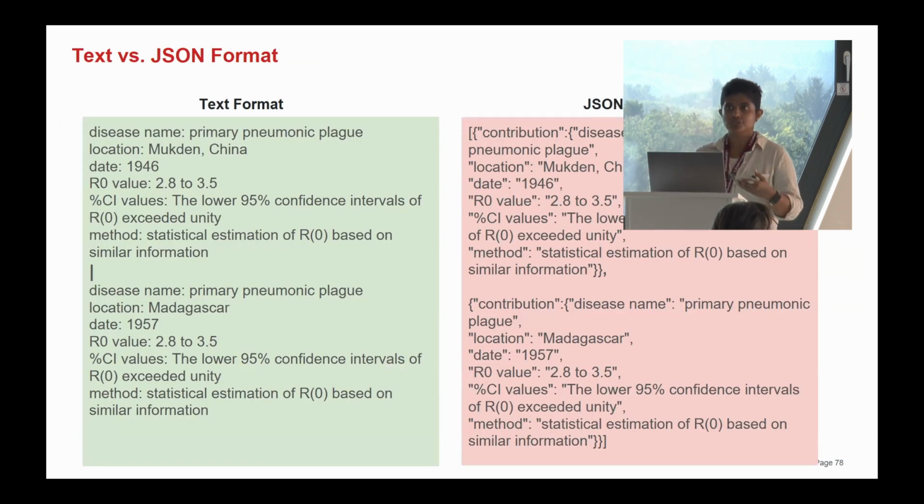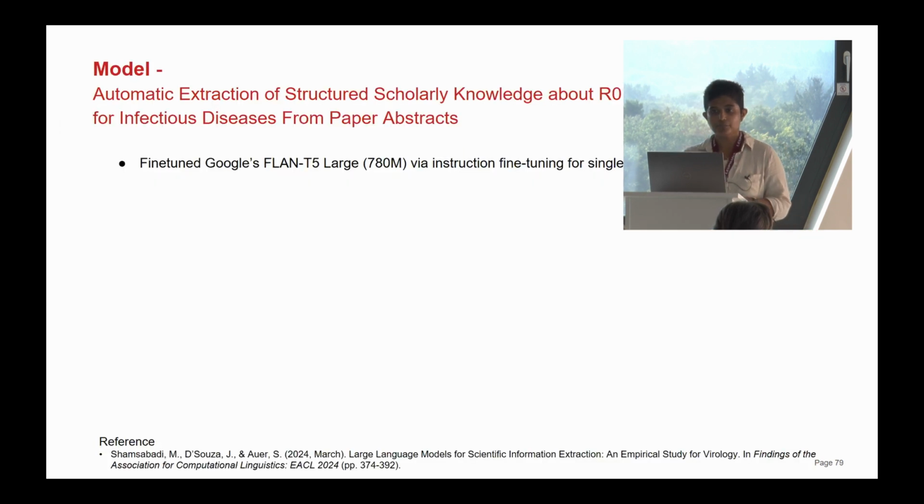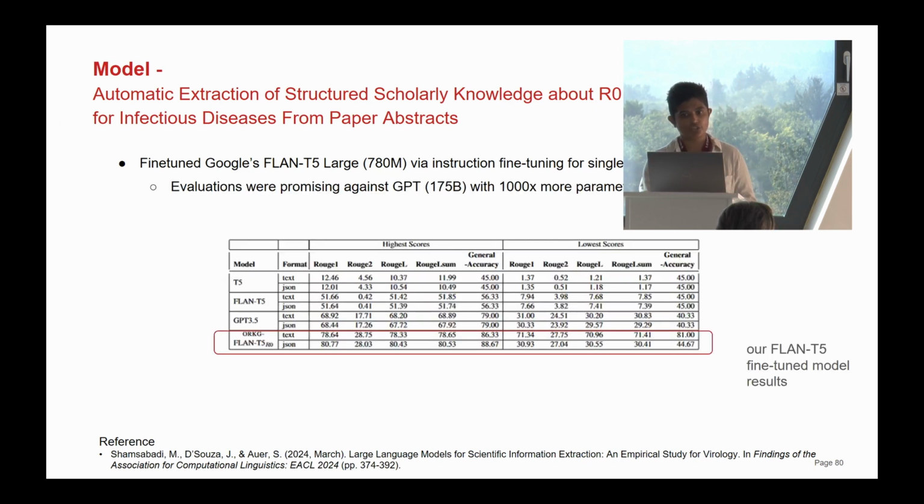Furthermore, we tested 2 different data formats: the text format and the JSON format, to see which one the large language model would respond best to. Of course, the JSON format is highly desirable because it helps with downstream, programmatic processing of the output. What we did at the time was fine-tune a moderately large language model, specifically Flan-T5, that was already known to be instruction-tuned.